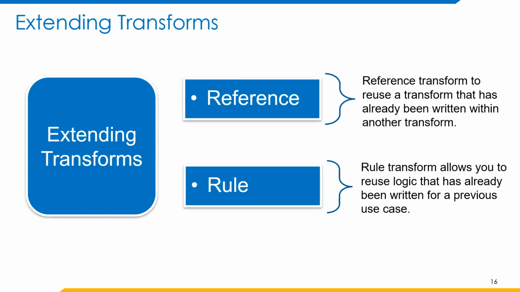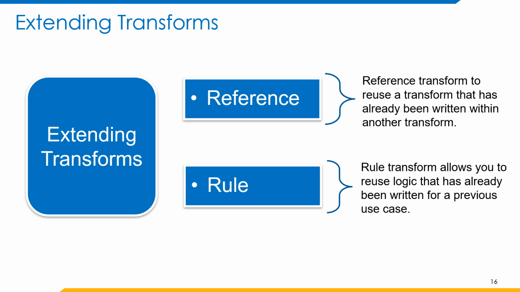Under extending transforms, there are two transforms. Reference transform. The reference transform is used to reuse a transform that has already been written within another transform. We can use this transform when we want to repeat the same logic multiple times within another transform.